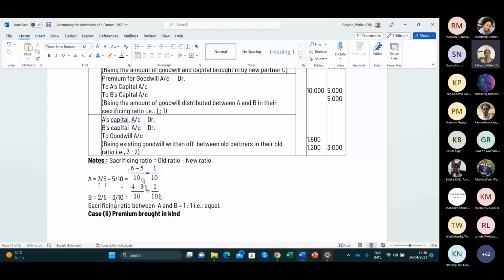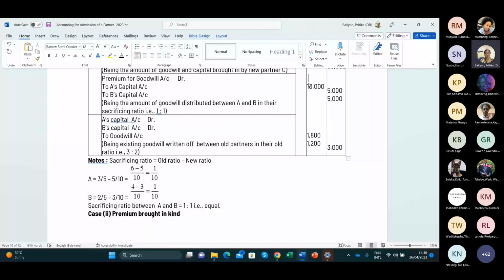So now they will get the portion of goodwill according to the ratio they sacrifice. The total goodwill was 10,000. They are sacrificing equally, so they will get equal proportions.